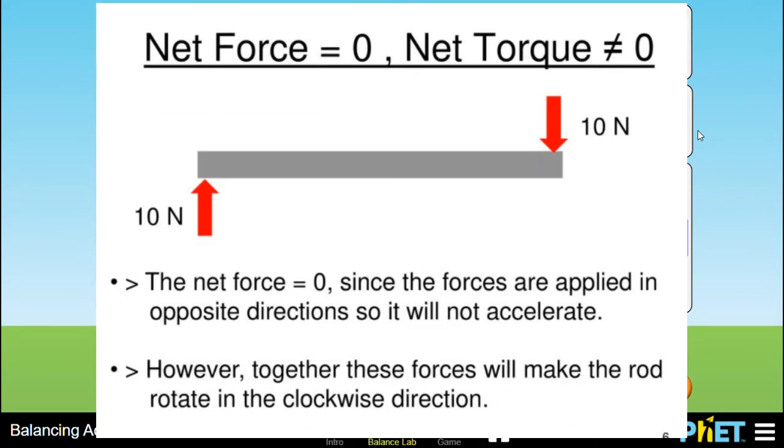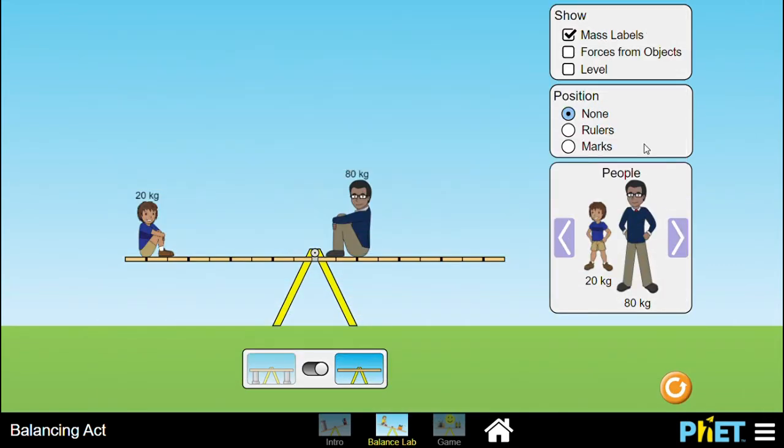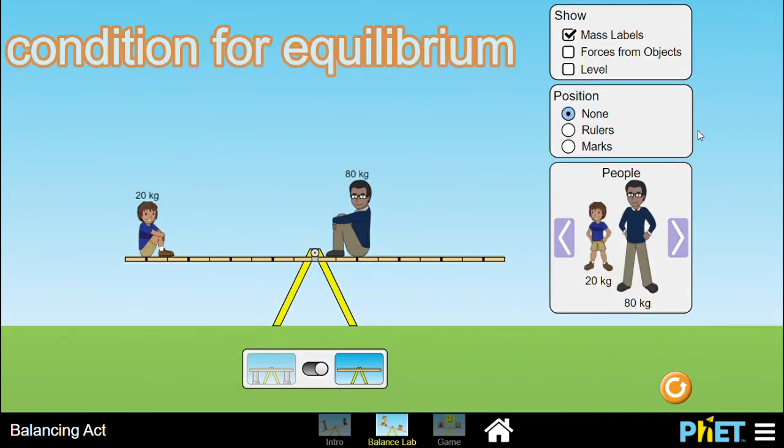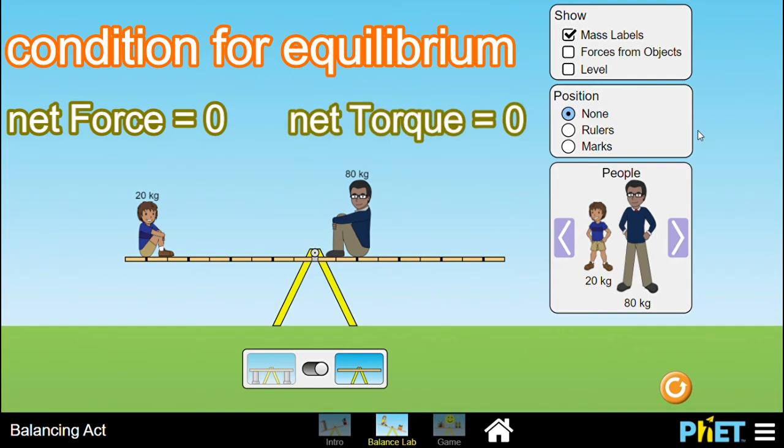If there is a resultant turning effect, it will start to rotate. So, the condition of equilibrium will happen if both resultant force and resultant turning effect equal 0.